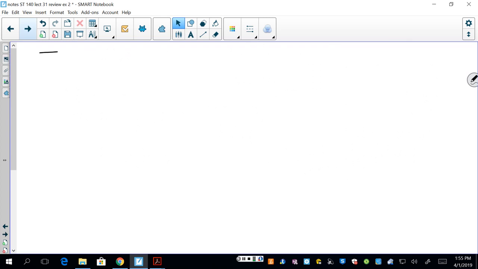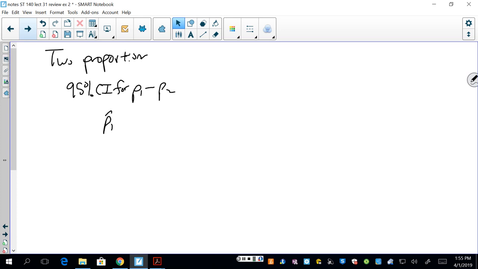So for two proportions, the 95% confidence interval for P1 minus P2 is at the sample difference, p1 hat minus p2 hat. For 95% we still use the normal for the proportions.